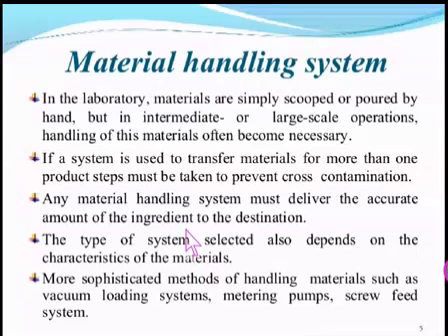Now, the next point is that the type of system selected also depends on the characteristics of the material. There are different kinds of material handling systems, and the type depends on what characteristics the materials we are handling have, and accordingly the system selection is made.